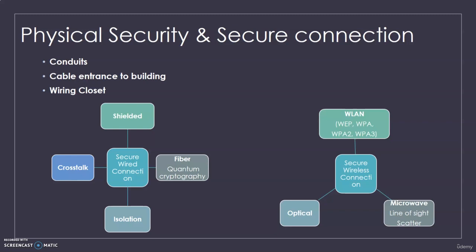We also have this with microwave, that when the beam is coming off of one antenna, some of it will miss the other antenna, and you can pick up that signal even from behind that receiving antenna, because there is some scatter, some dispersion of the signal, and then it is tapped into. When we use this, we should be using encryption to protect this wireless type of communication.